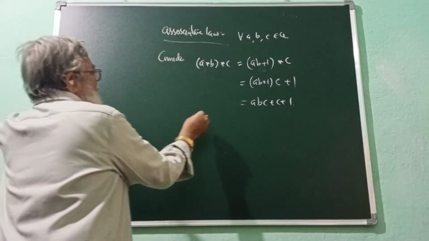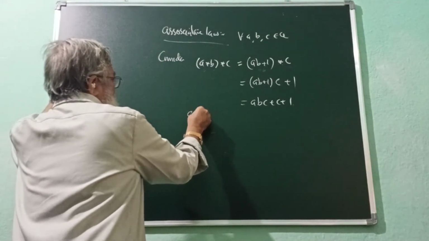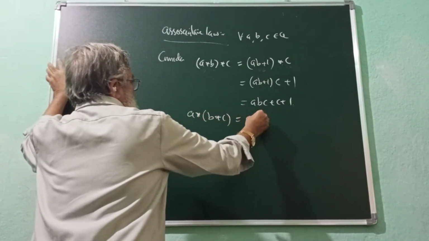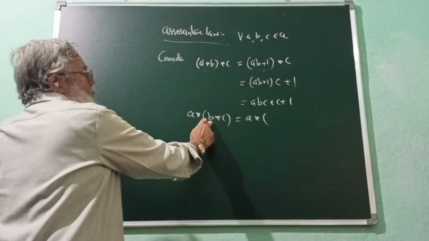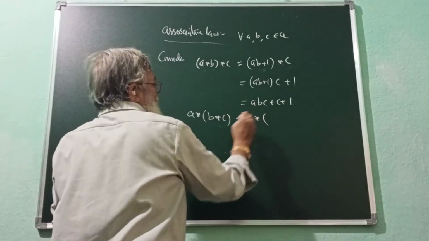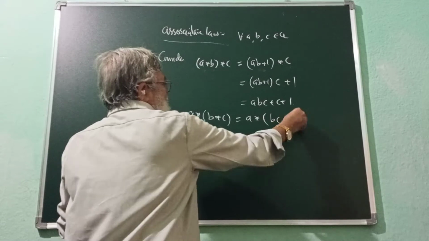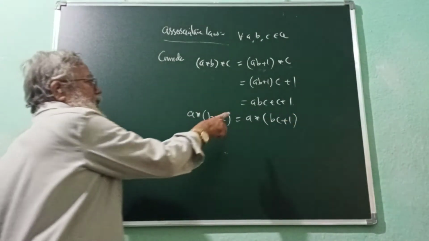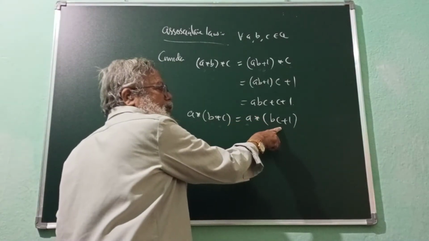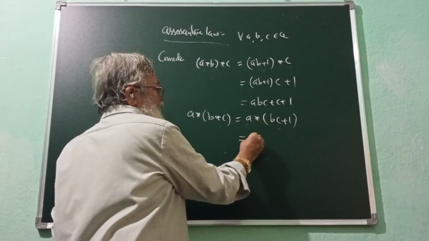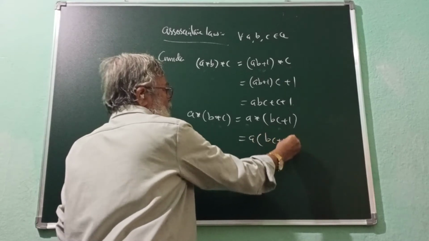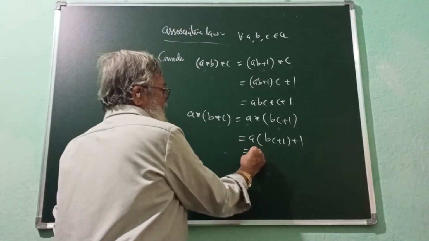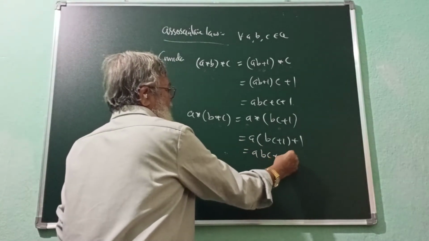Let us check up for the right hand side of associative. A star, it is B star C. That is A. Now how do you operate on B and C? By the definition, we have to multiply them and add 1. BC plus 1, that is B star C. Now this entire bracket is considered to be B. A star B means AB plus 1. Now that can be written as ABC plus A plus 1.